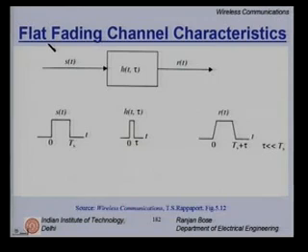Now, for a flat fading channel, clearly we do not have multiple pulses coming out. The h(t) is a single impulse. On the other hand, if we were talking about a frequency selective channel, the h(t) would be either spread or you will have several pulses here, right.